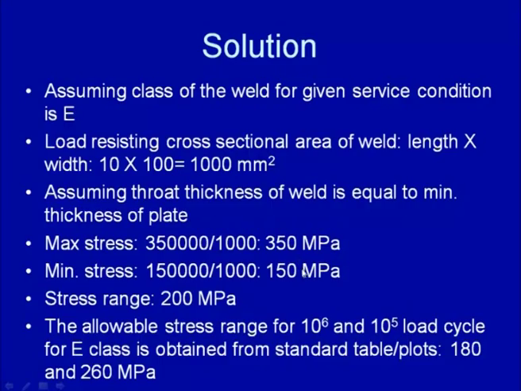So, 350 minus 150 gives us the stress range which is acting under the given set of loading conditions, and the allowable stress range for 10 to the power 6 load cycles comes out to be 180 MPa, and that for 10 to the power 5 load cycles comes out to be 260 MPa.